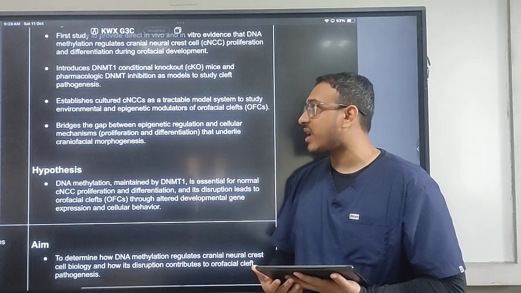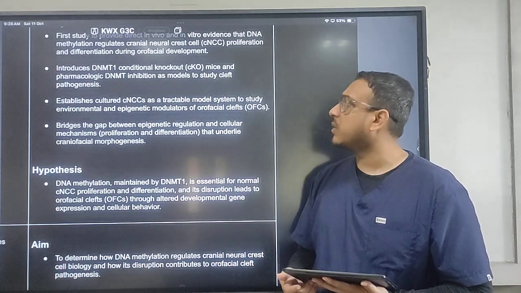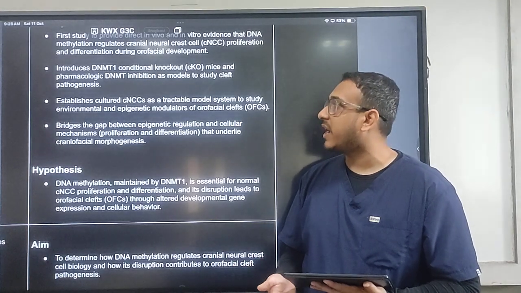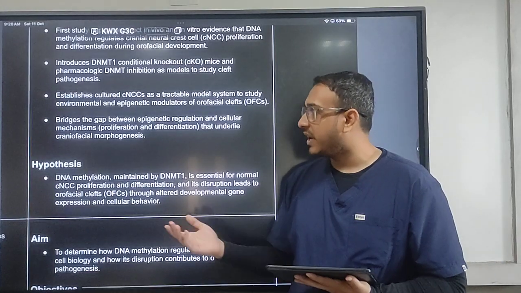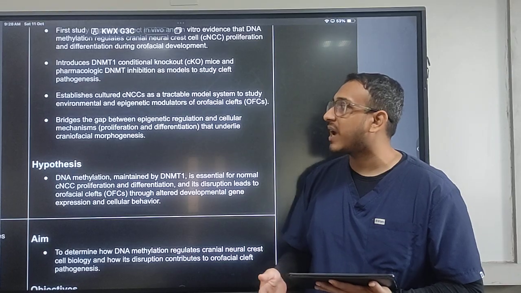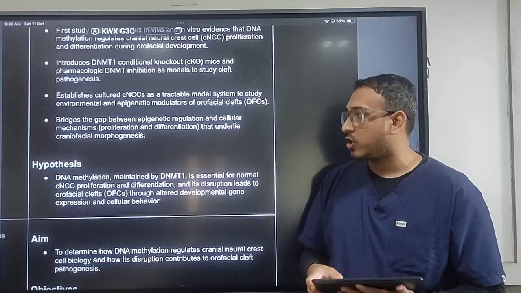They also established cultured craniofacial cells as a tractable model system to study environmental and epigenetic modulators of orofacial cleft. They try to bridge the gap between epigenetic regulation and the cellular mechanisms that underlie craniofacial morphologies.